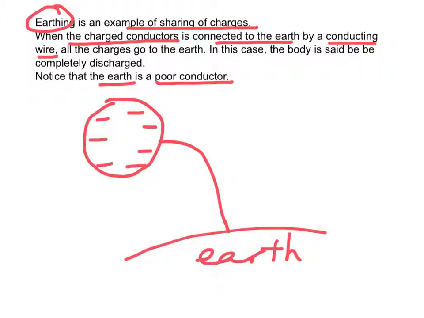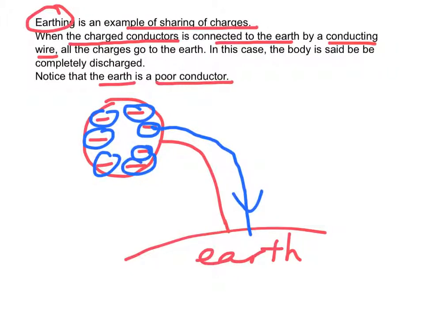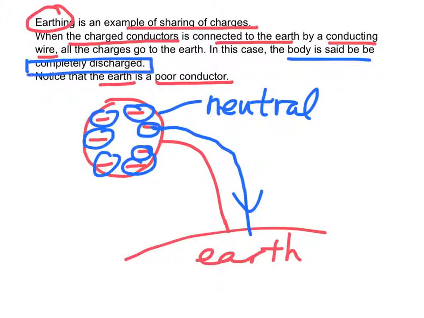Since the size of the earth is much larger than that of the charged sphere, all the electrons will go from the conductor to the earth. Finally, the conductor becomes neutral. In this process, the body is said to be completely discharged, 完全放晒啲電.